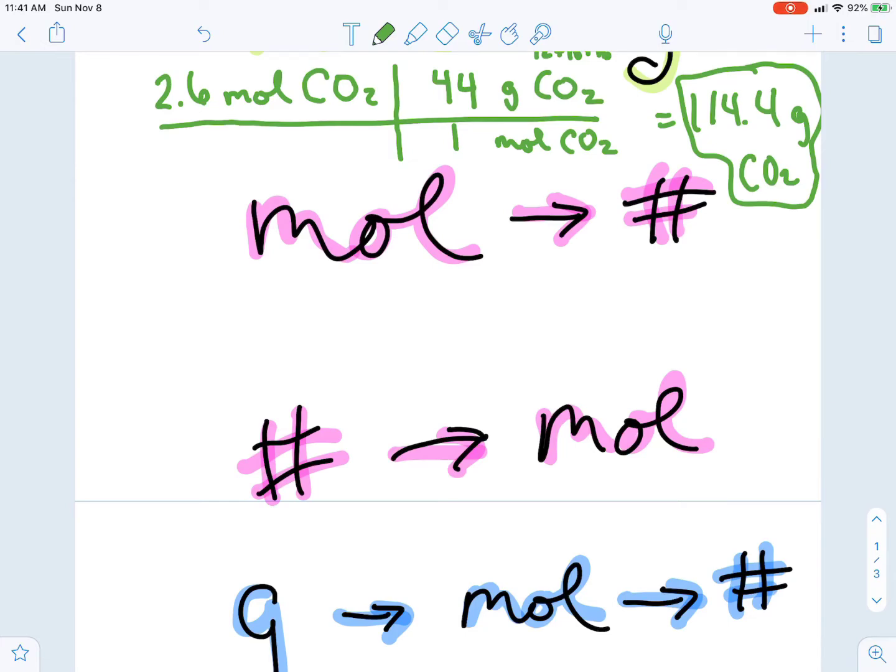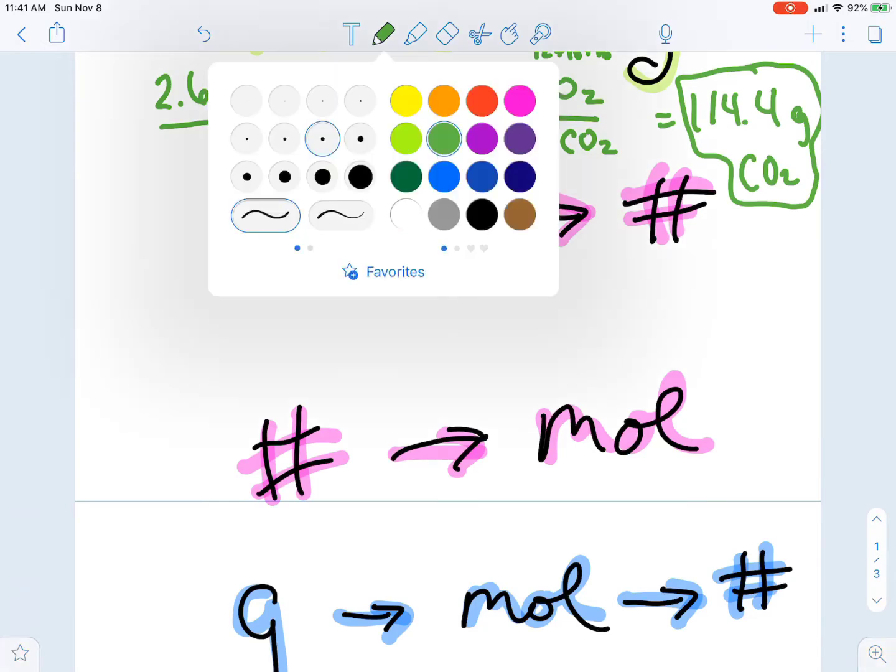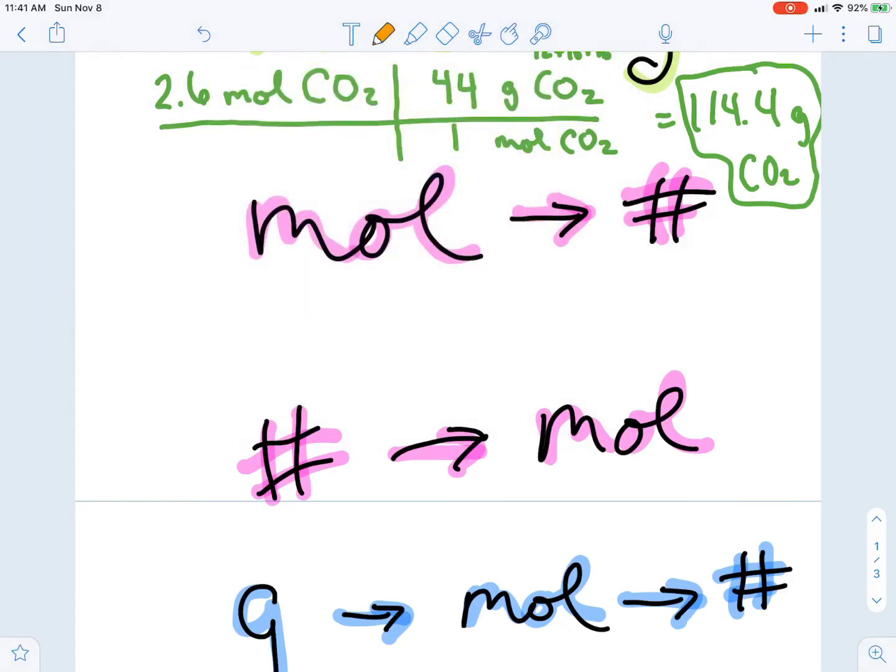So that number, if you remember from class the other day, was 6.02 times 10 to the 23rd. That equals 1 mole. So that's the number of particles in 1 mole.